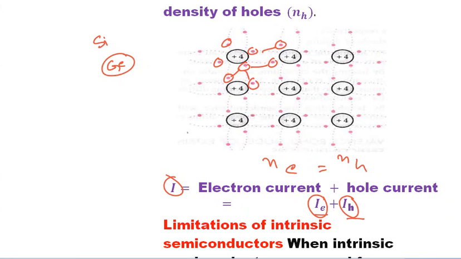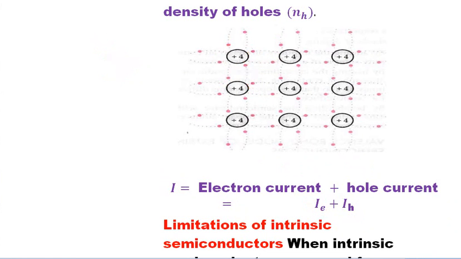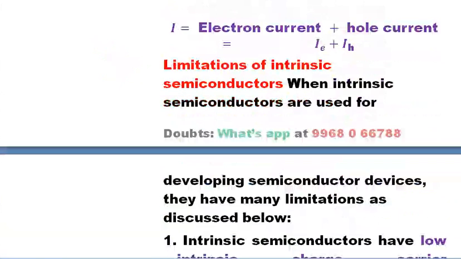Dear students, as we already discussed the limitations of intrinsic semiconductors, they have very little conductivity at room temperature. That is the first limitation.